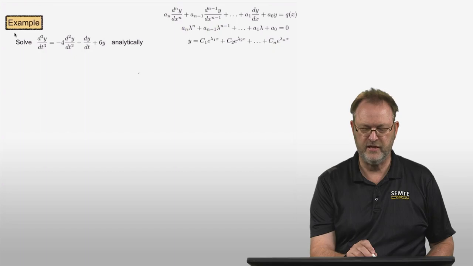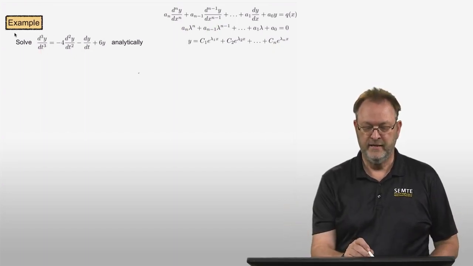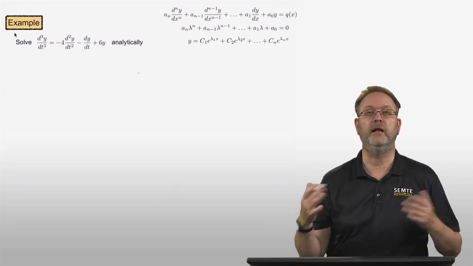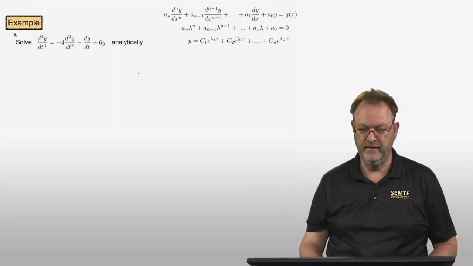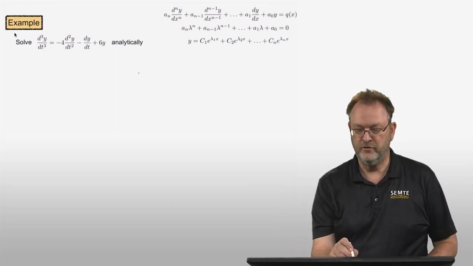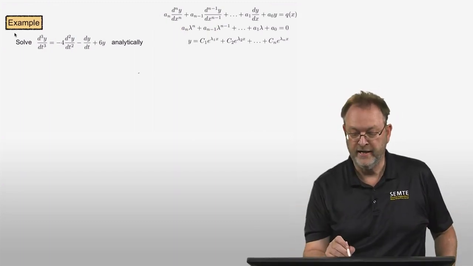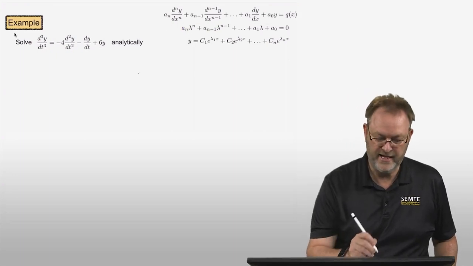So it has the third derivative as the highest derivative. And then there are constant coefficients, minus 4, minus 1, 6, that multiply each one of the derivatives that appear in the ODE. So the ODE is of this particular form. So let's start by actually isolating all the derivatives over to the left-hand side.